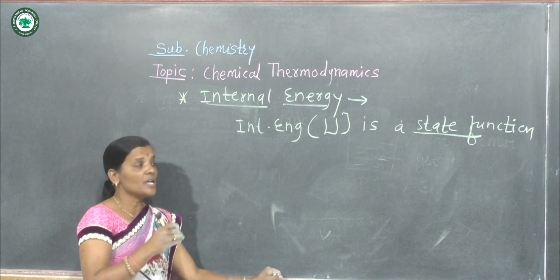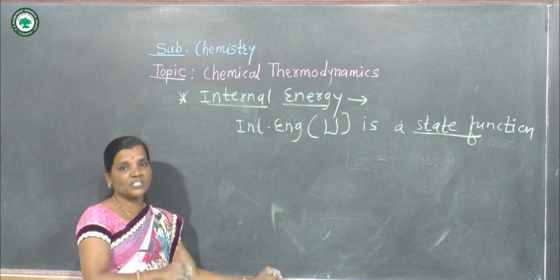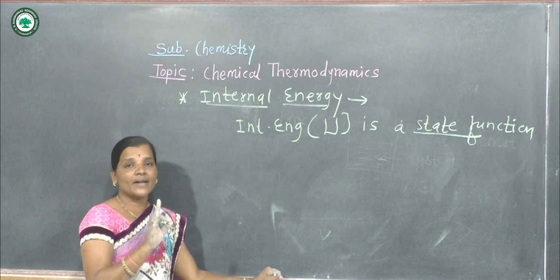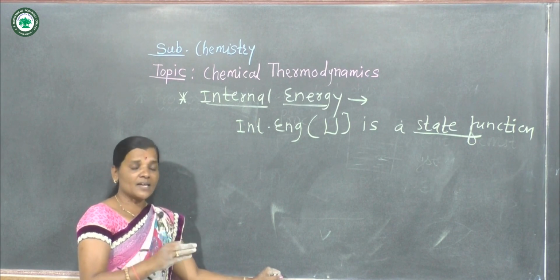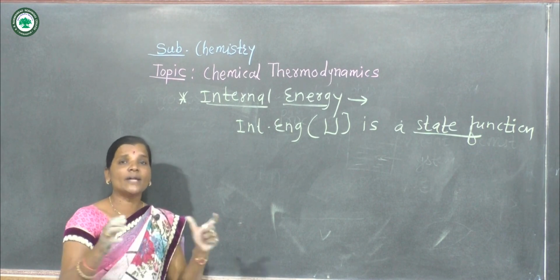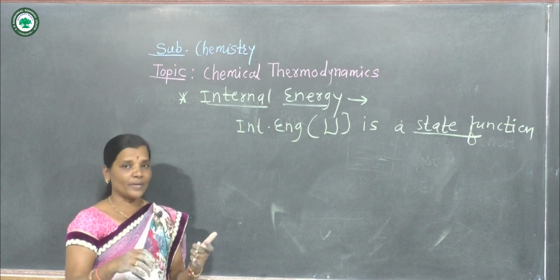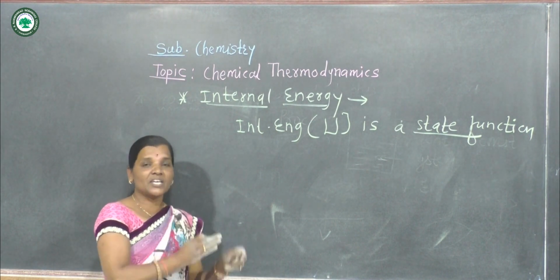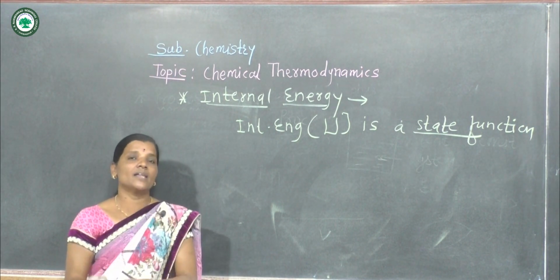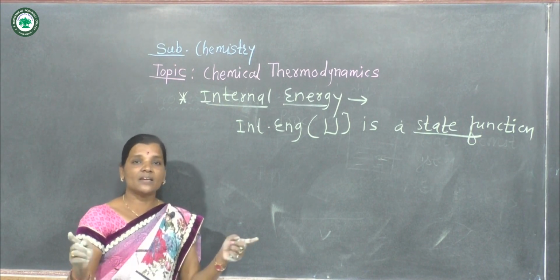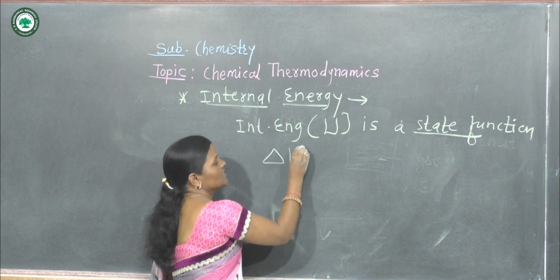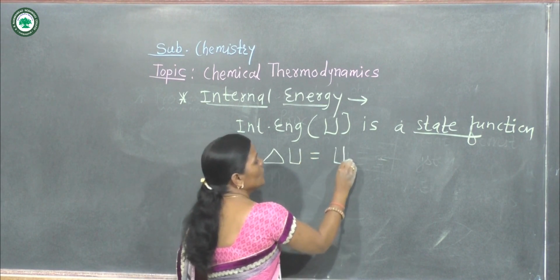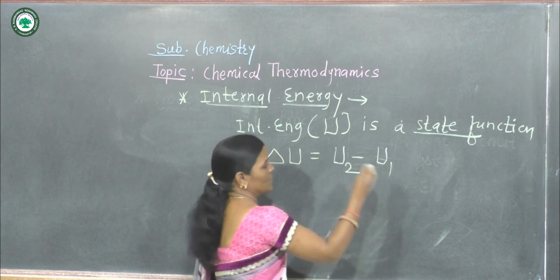Only then can we find the internal energy of a system. Since internal energy is the summation of all types of energy, it is very complicated. So whatever the initial energy and final energy of the system, the difference gives us the change in internal energy, that is, delta U equals U2 minus U1.